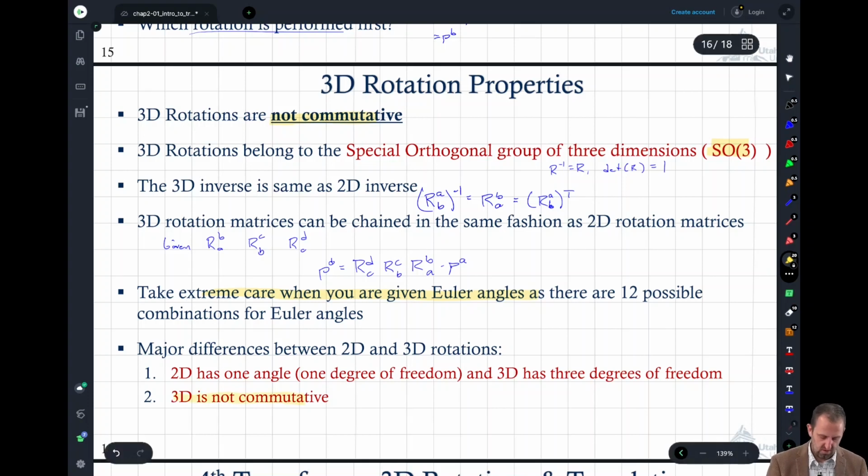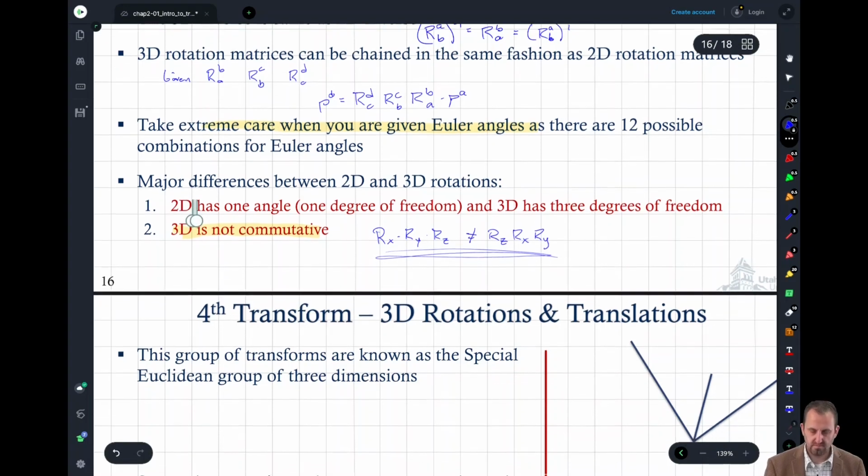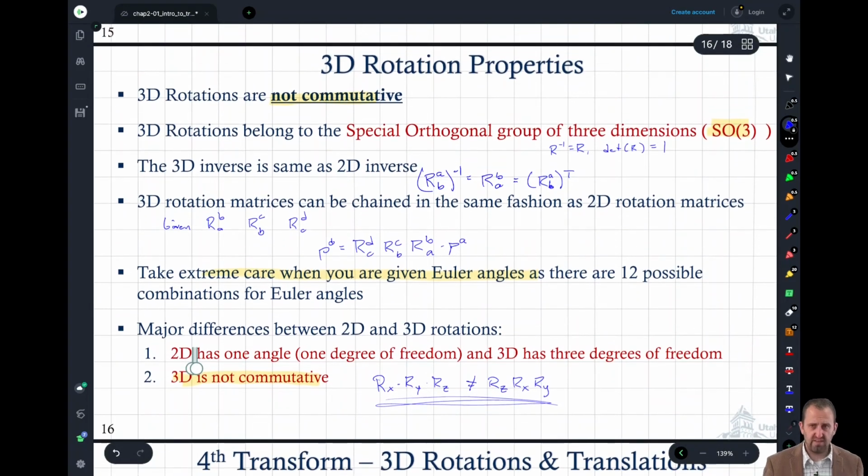So I've said it a whole bunch of times, but we need to make sure that you know that Rx times Ry times Rz is not necessarily going to be equal to Rz times Rx times Ry, right? So that's not commutative. Okay, so that finishes up 3D rotations.